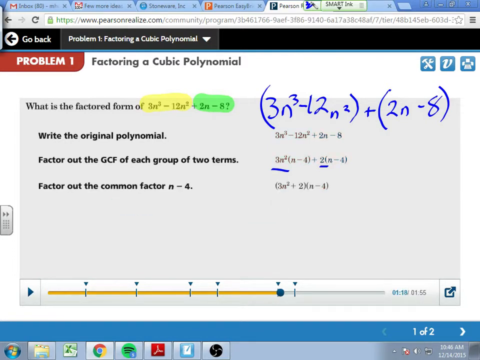So put those together, 3n squared plus 2, in a binomial times that common binomial n minus 4, because the 3n squared has to multiply by n minus 4, and so does the 2. I now just split them into 2 binomials that will work. Questions, comments, concerns? Nope. If we FOIL this, it would check out and it would work.